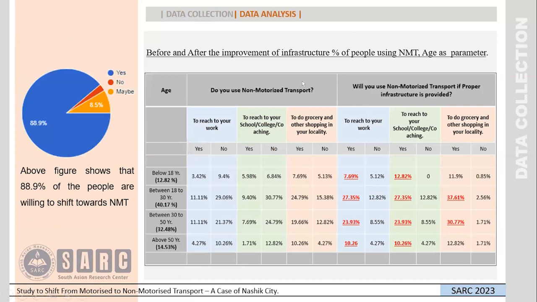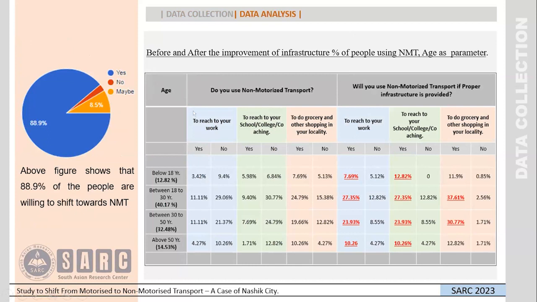As I said, the research was done on various parameters. After the research, I found out that 88.9% of the people are willing to shift, 8.5% can be shifted, and almost 2% are not willing to shift.